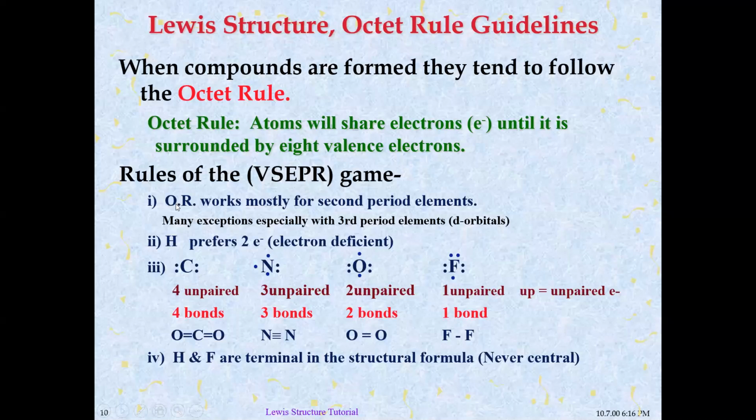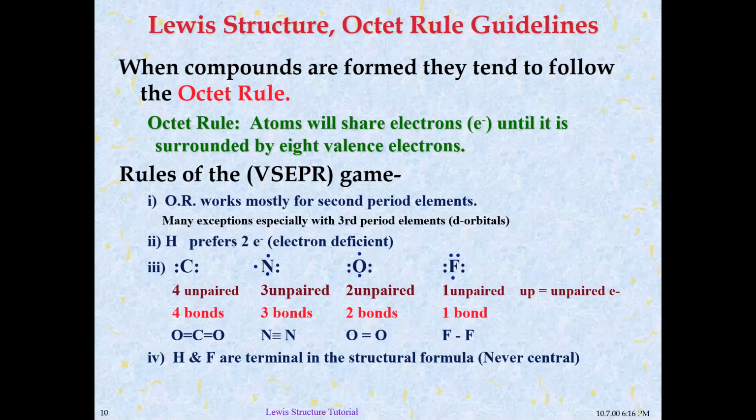Now the octet rule works mostly for second period elements. On the periodic table, we have the first period and the second period. By the time you get to the third period, we now have the d orbital.